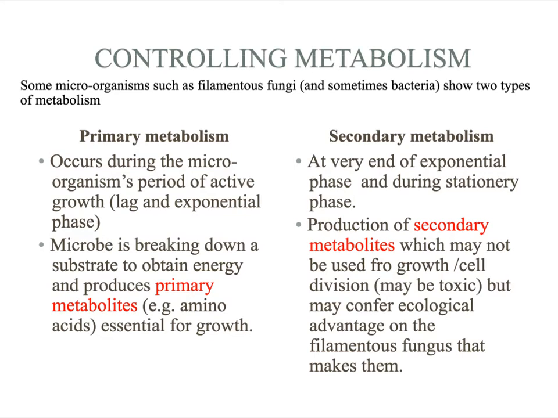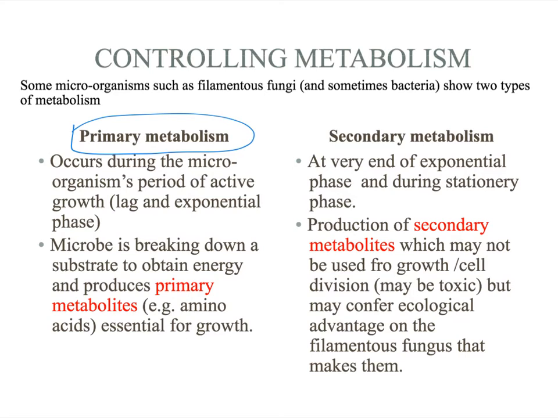One of the things you need to know about is this idea where some microorganisms, in the example they've given filamentous fungi or sometimes bacteria, have two different types of metabolism. There's primary metabolism, and that occurs during the active part of growth, or in other words, the phase that we've just drawn all these horrible graphs for.